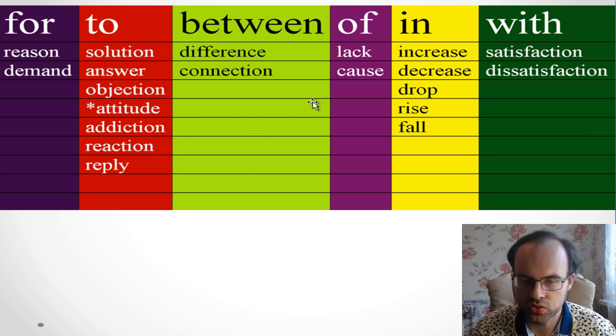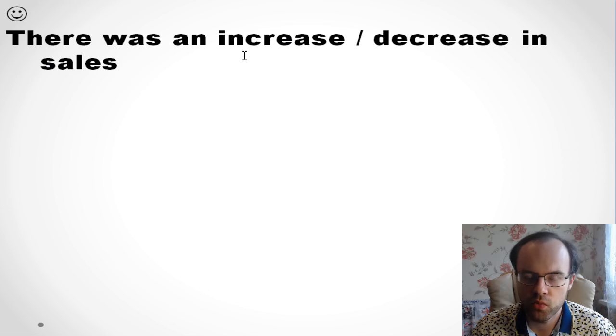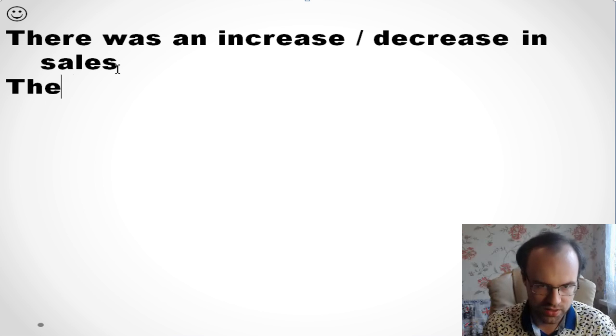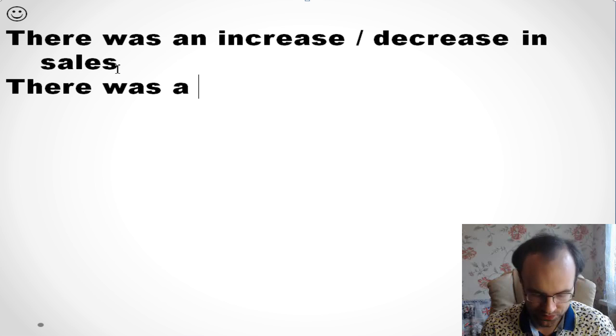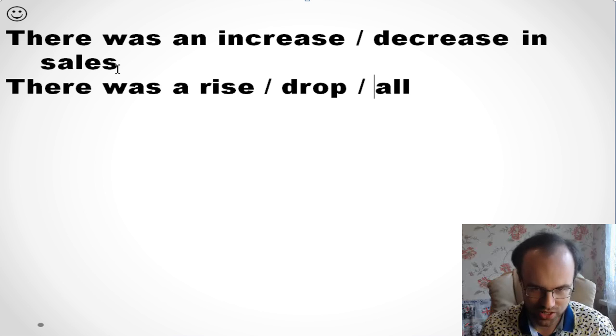You can also use these words: drop, rise, or fall. Drop in, rise in, fall in. For example, let me give you another example. You can say an increase or a rise or a fall, not drop. Drop is another word. A fall in demand.